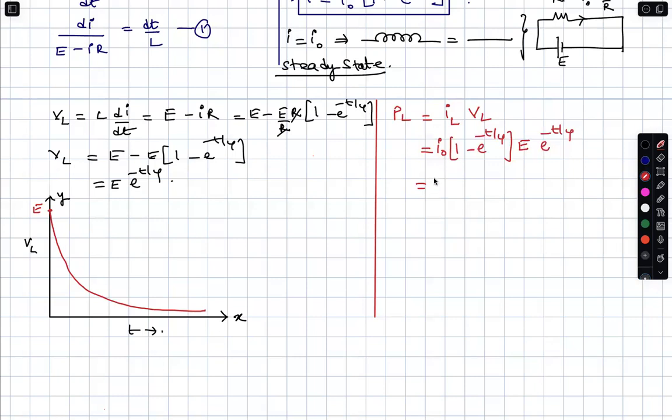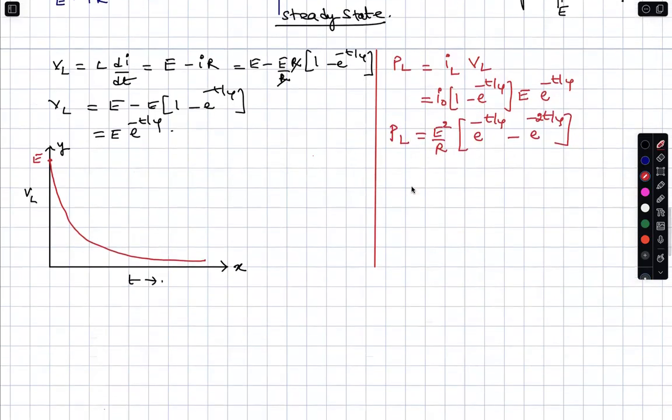I naught is E by R. So it is E square by R times e to the power of minus t by tau minus e to the power of minus 2t by tau. This is the expression for power delivered to the inductor at any instant. Okay. Now if you plot a graph for this, it looks like this.